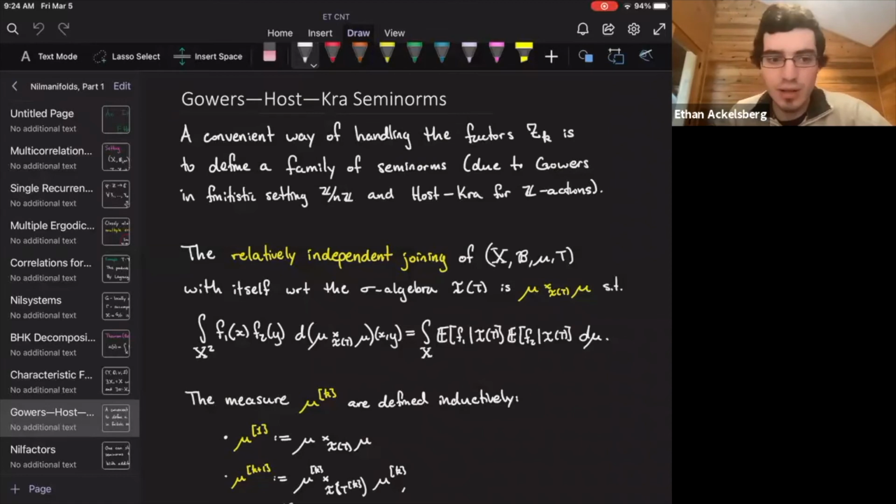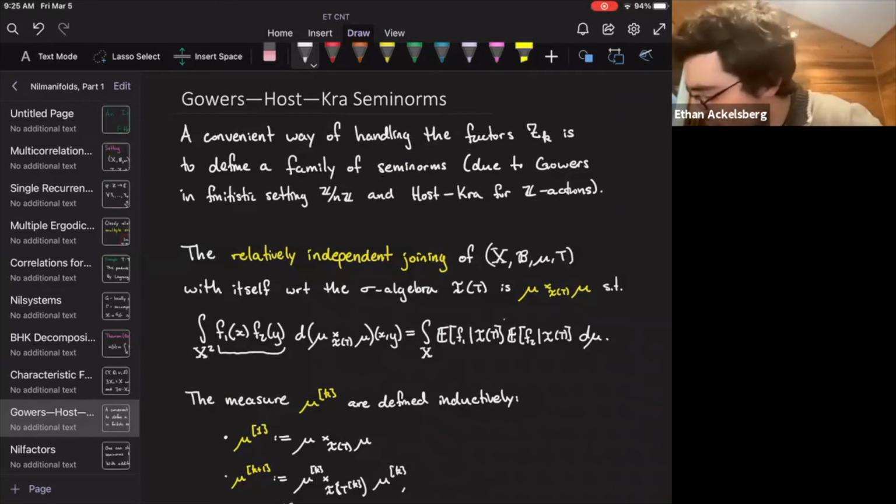So this is a measure such that when you integrate some function with this nice form, a product of functions in the different variables, this becomes the product of their conditional expectations on just the system X.